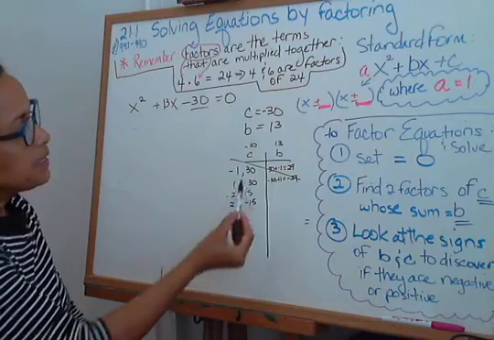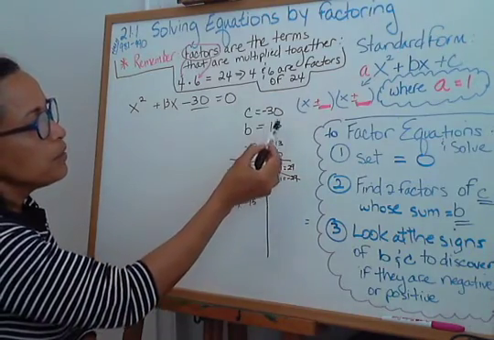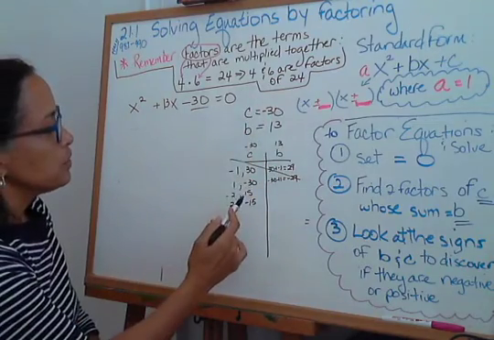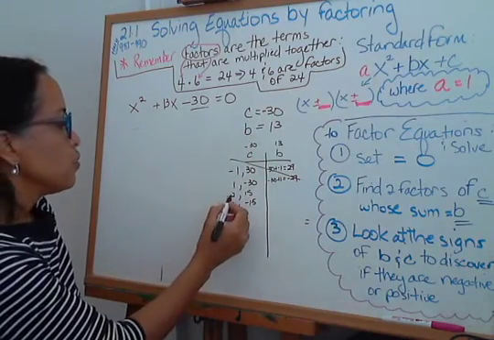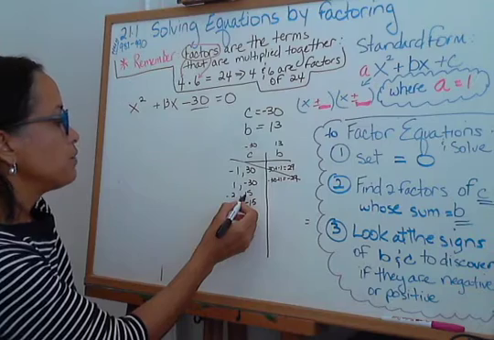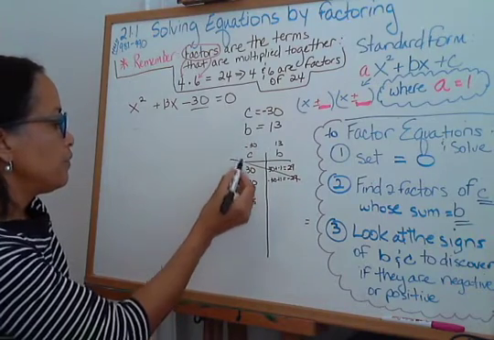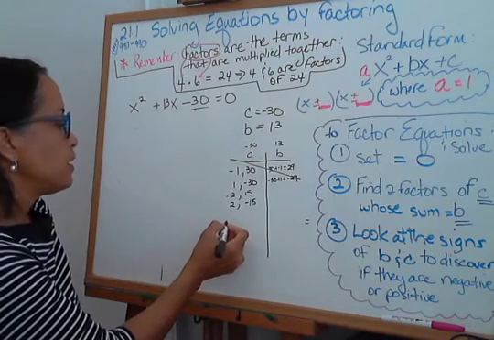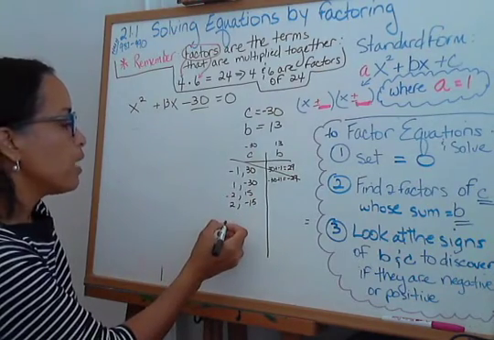But basically, I'm going to look for numbers that are closer to each other. But let's do it this way. So negative 2 times 15 is going to give me negative 30, and 2 times negative 15 is going to also give me negative 30. So that works with the product.